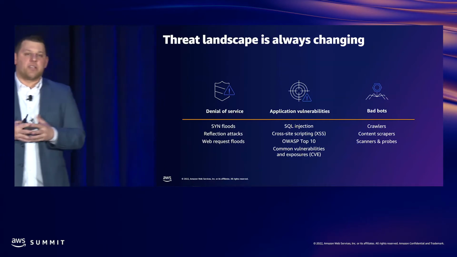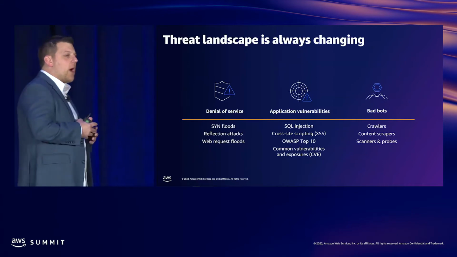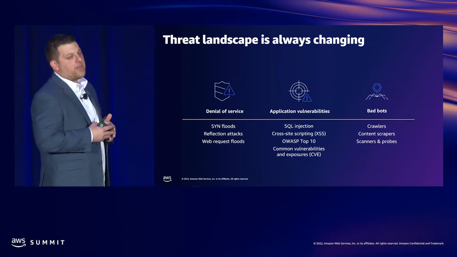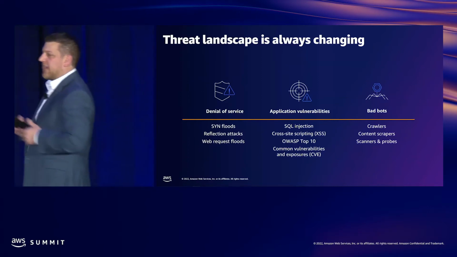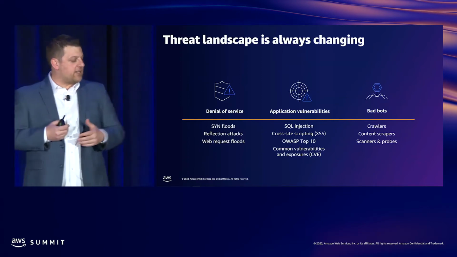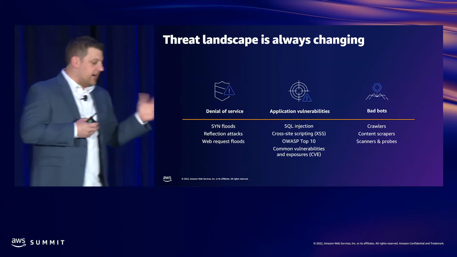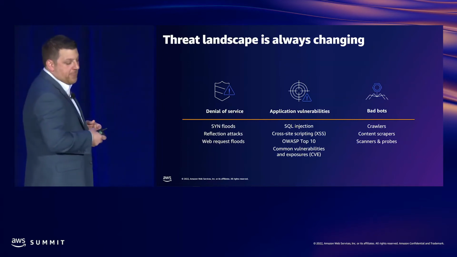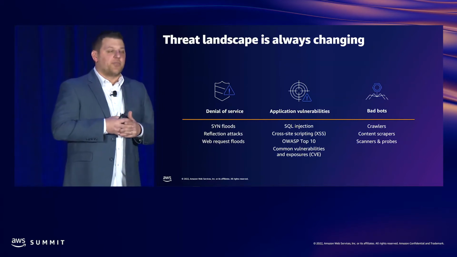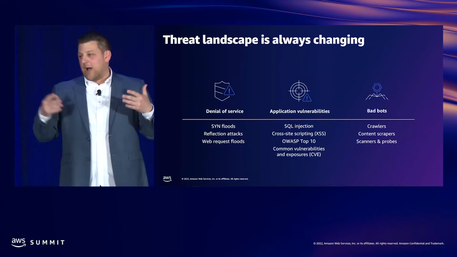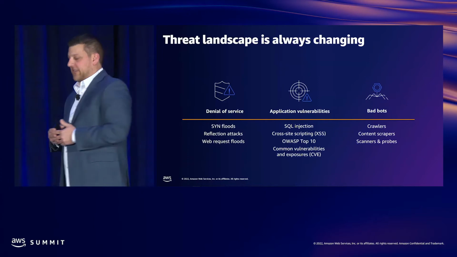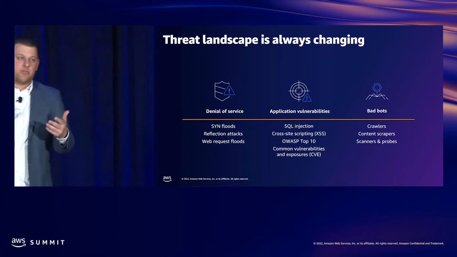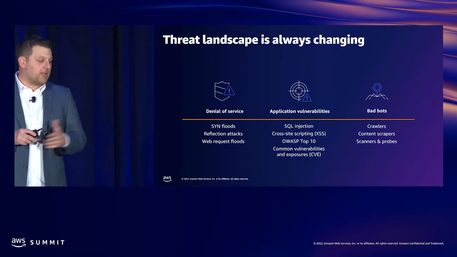But we're looking at things like, for those of you that are familiar with the OWASP top 10, the OWASP looks at the top threat vectors for layer 7 in a given year, and they update it quite often. So it's like SQL injection, cross-site scripting, things like that. And then bots as well. So bots are, I would say, we're hearing more and more about it every day. They're getting more sophisticated. So just another thing we have to worry about at layer 7.